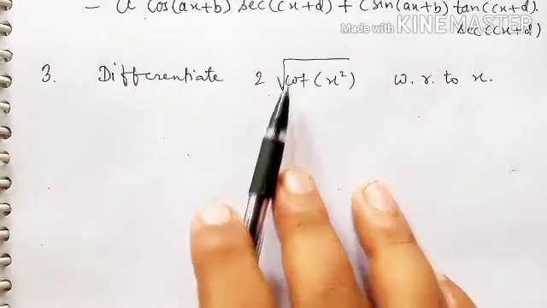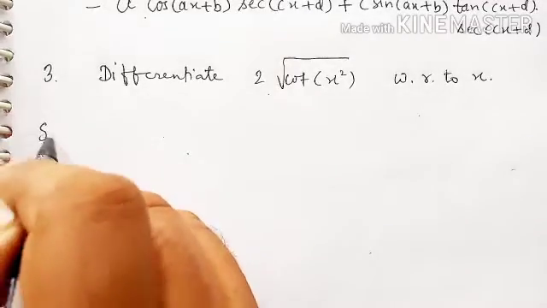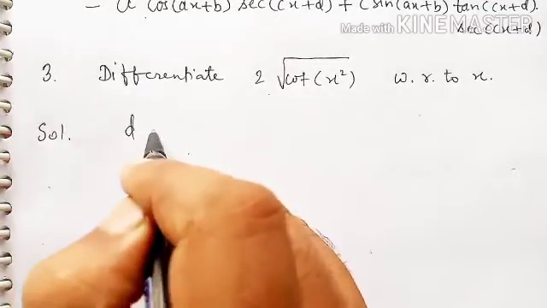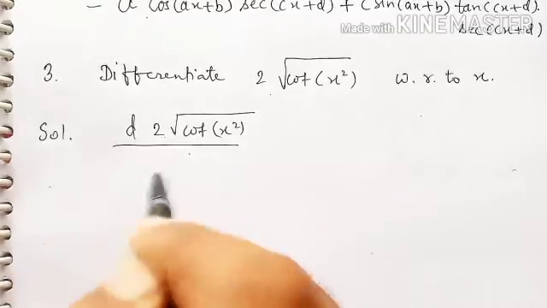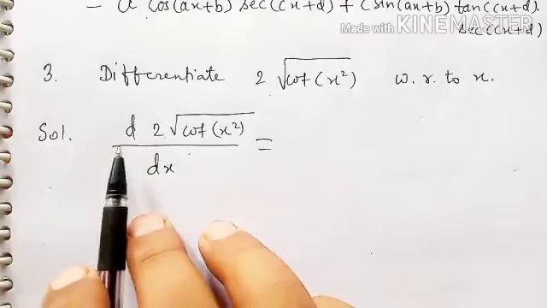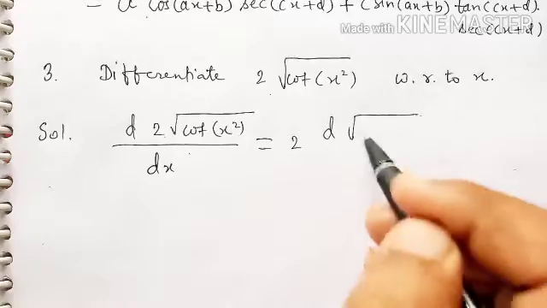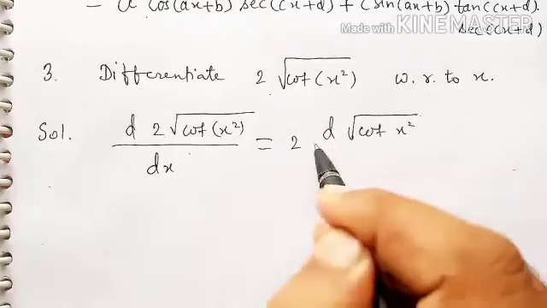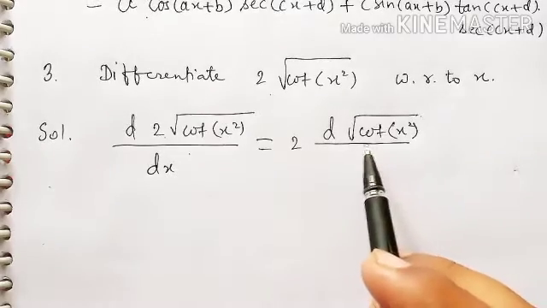Differentiate 2 square root of cot x² with respect to x. We have to find this one. See here, 2 is a constant, so it is taken outside. Now can you think of which function this is?